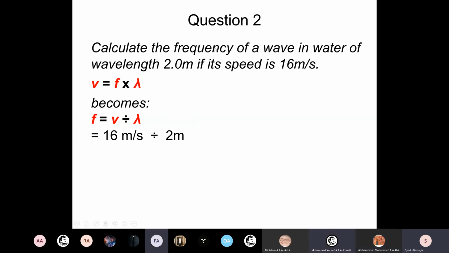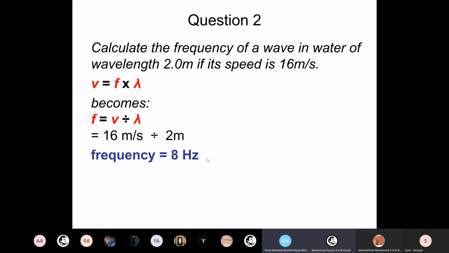I thought it was asking for wave speed. Yes, I apologize. I didn't read the question properly. Mister, what is the answer for question 2? Let him work out this one.